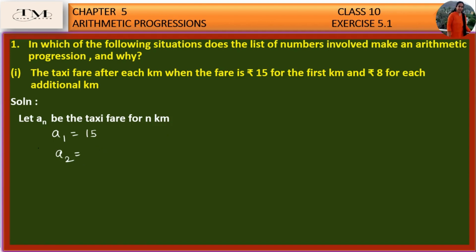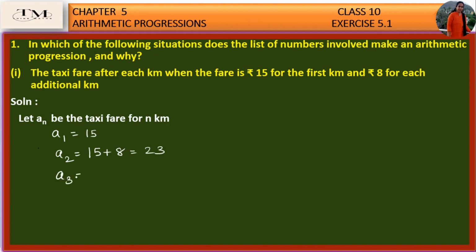So for 2 kilometers, he will add 8 to 15. So the taxi fare will be increased by 8. So here 1 kilometer is added, so we have to add 15 plus 8, which is equal to 23.